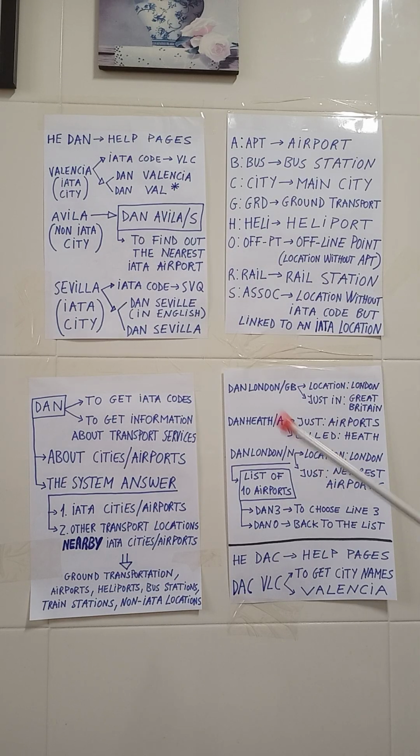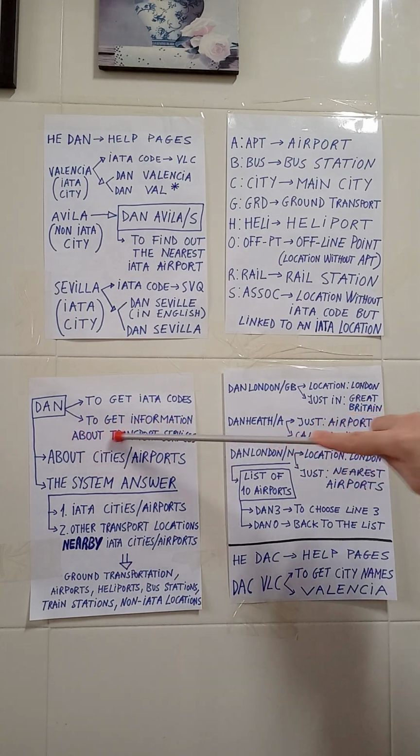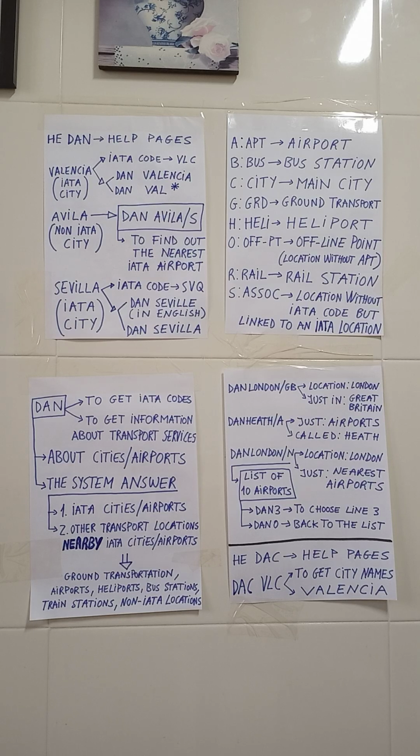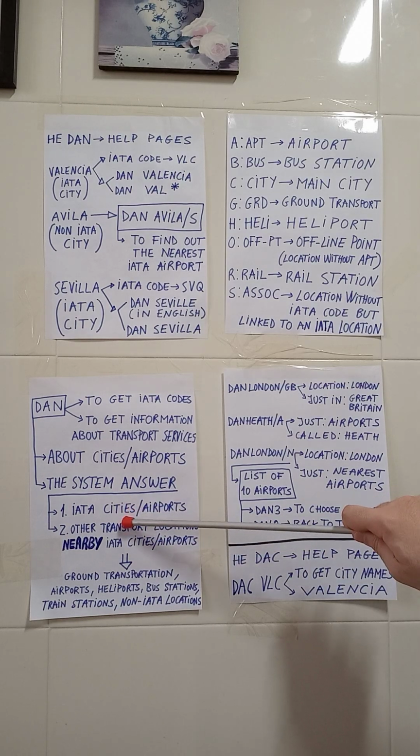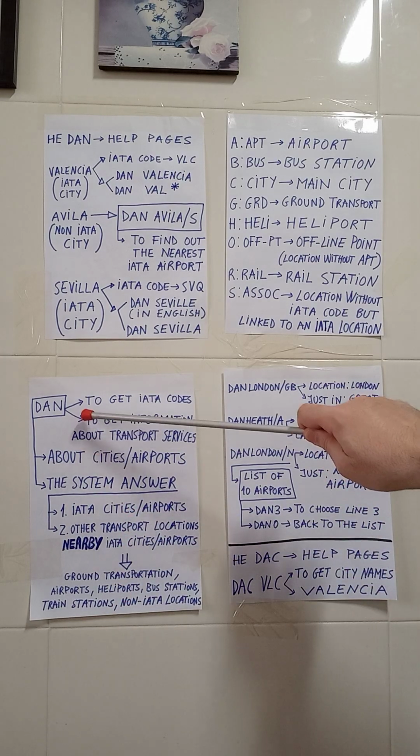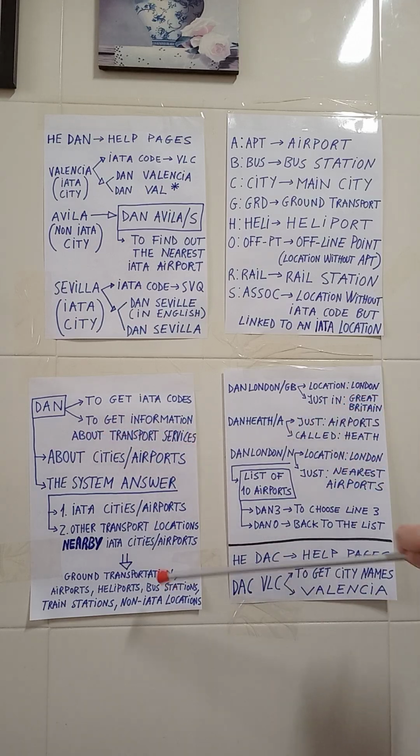And another utility is to get information about complementary transport services in the main city or airport, such as listed at the bottom of this page, okay? This paragraph refers to this information, okay?